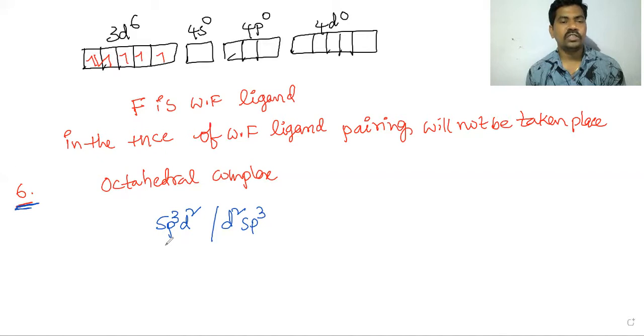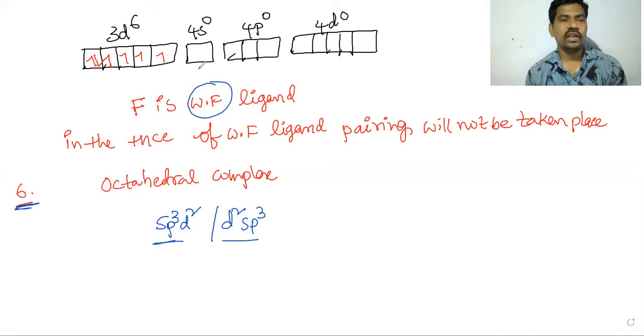If the electrons were paired in the presence of a strong field ligand, d electrons from the 3d level would participate in hybridization. But it is a weak field ligand, so electron pairing is not taking place, and that is why outer orbitals will be used here.